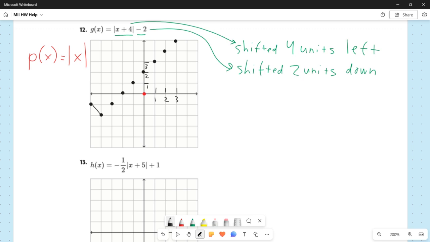So we've got the little guy, and then we've got the big guy, just like that. Obviously that's X, obviously that's Y. I think that is everything. So that is the graph for g of x, the result of transforming the parent function by shifting it 4 units to the left and 2 units down.